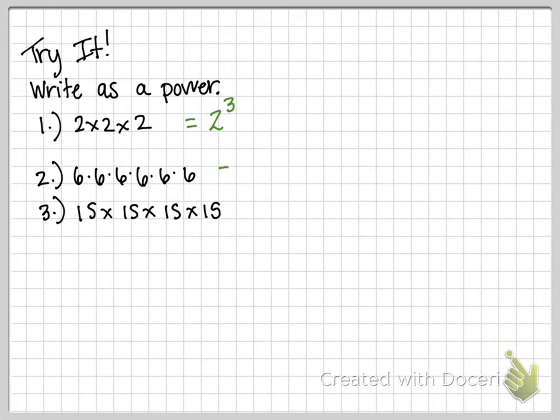Tate, what'd you get? 6 to the 6th power. Very good. And finally, number 3, we had 15 times 15 times 15 times 15. Layla, what'd you get? 15 to the 4th power. Perfect, because we multiplied 15 by itself 4 times.